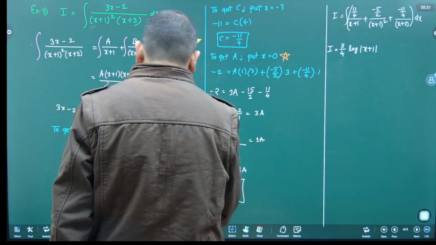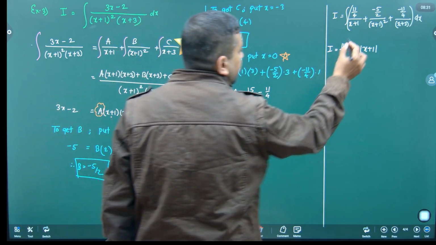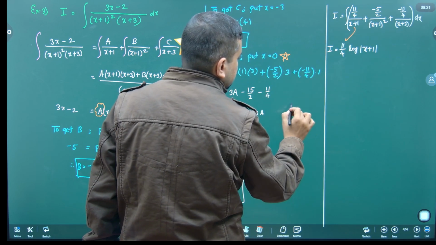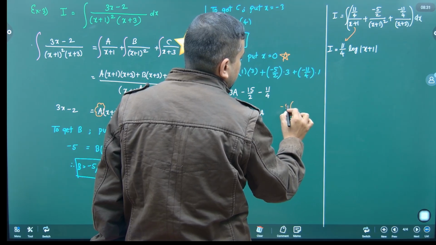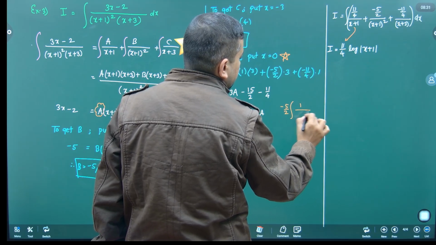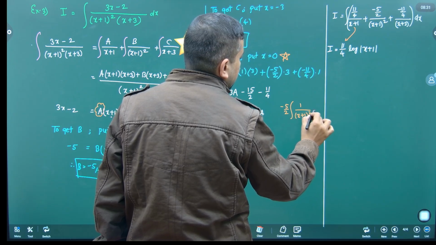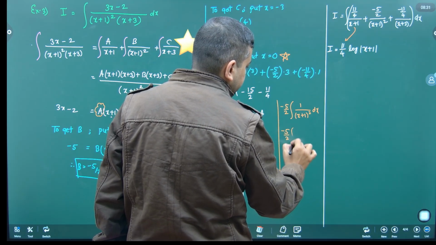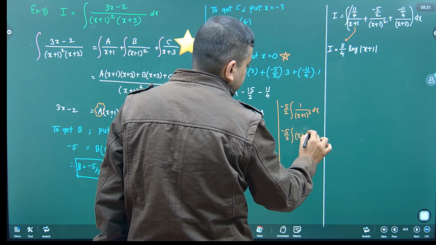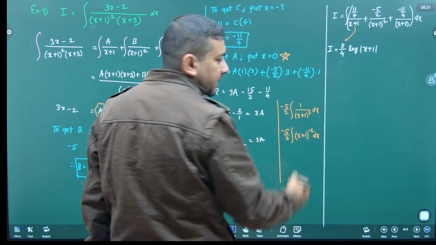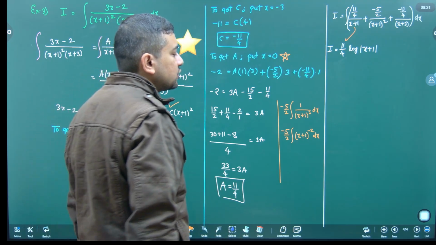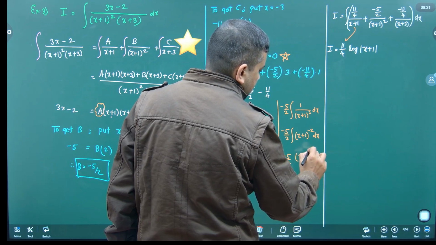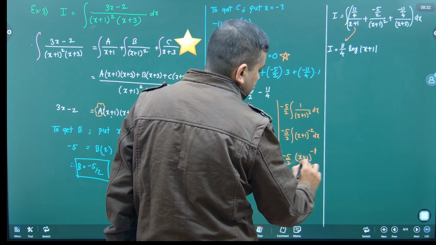See, we have written this integral. How will you find the integral of this? See, minus 5 by 2 I can write outside. This is 1 upon (x plus 1) square dx. How will you find the integral? Minus 5 by 2, (x plus 1) to the power minus 2 dx. x to the power n, so x to the power n plus 1 upon n plus 1: minus 2 plus 1 is minus 1, upon minus 1.